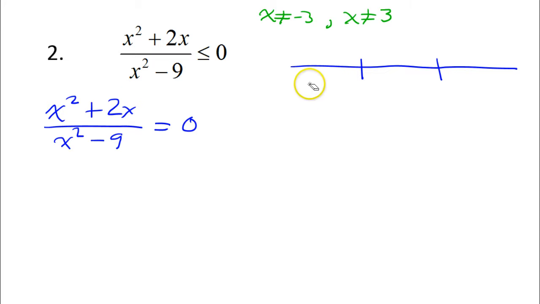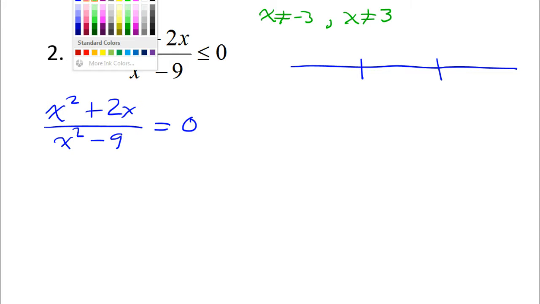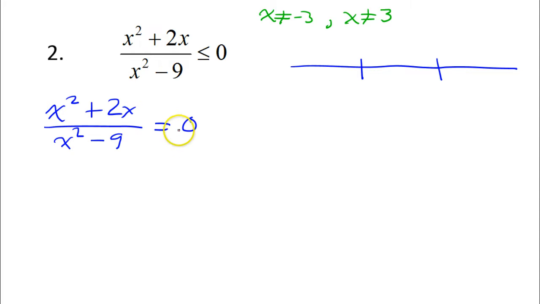Okay, to get additional values for the number line, we will solve this equation. So you need like denominators. Normally I would factor this, but it's just not going to be necessary. So I'm just going to give this a denominator of x squared minus 9.